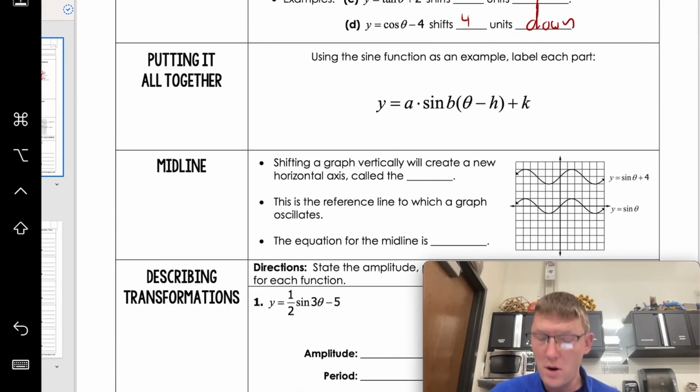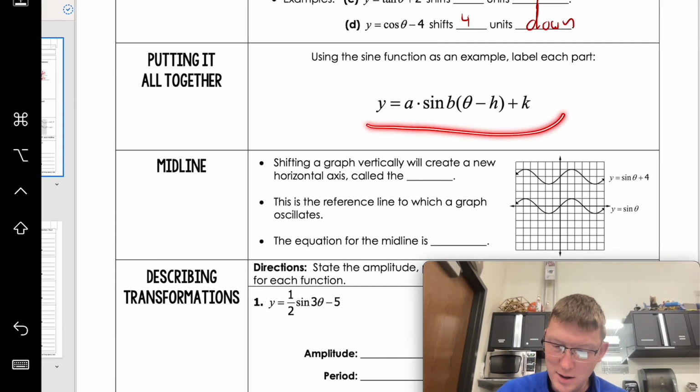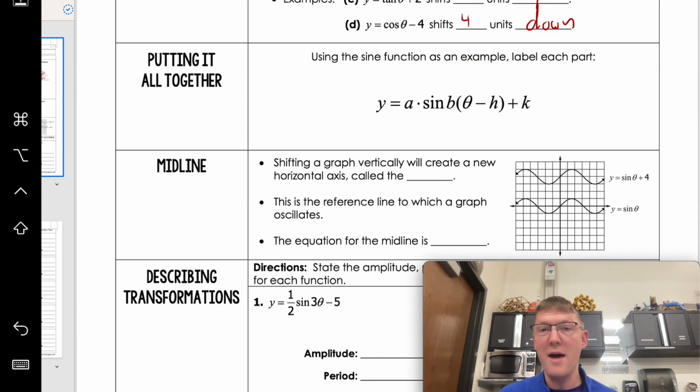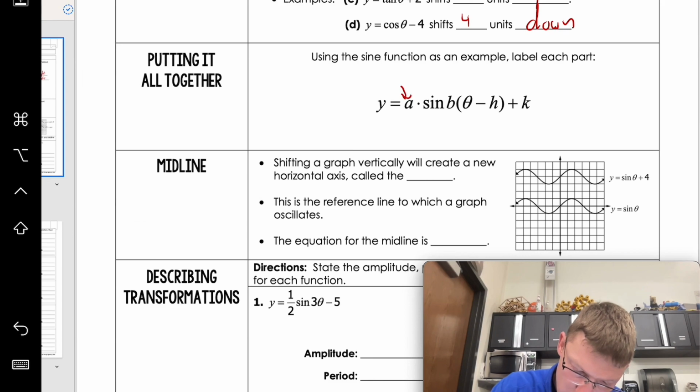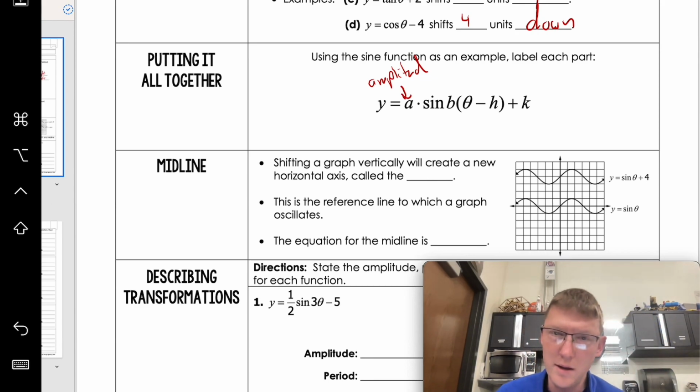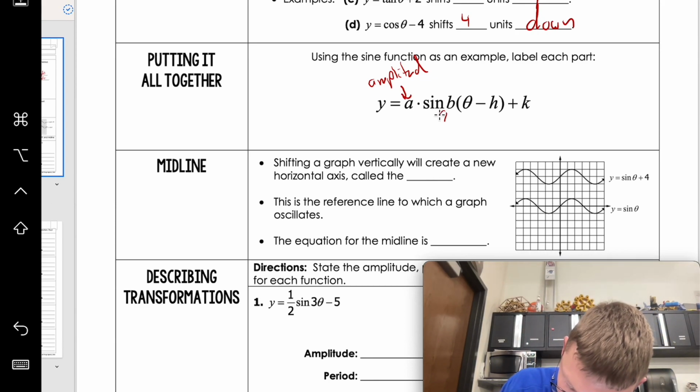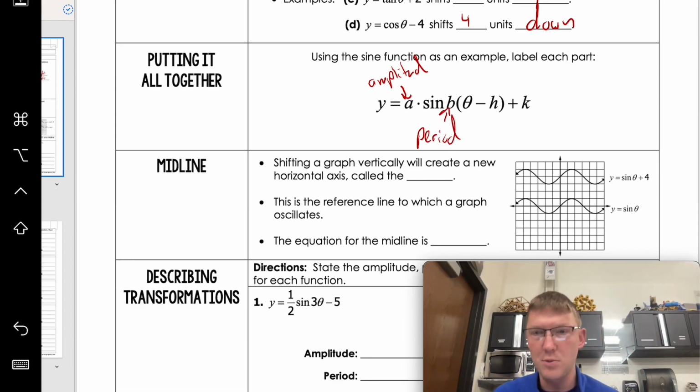Okay, let's put it all together now. We're looking at our sine function right here with every single part that we know how to do. So remember, this A is our amplitude. That's how tall or short it is. This B helps us determine our period, how many times it repeats.